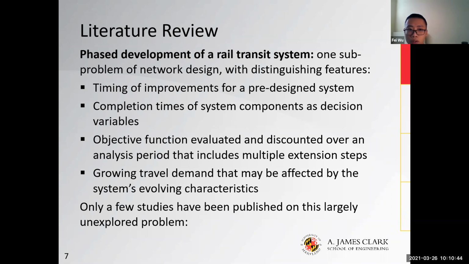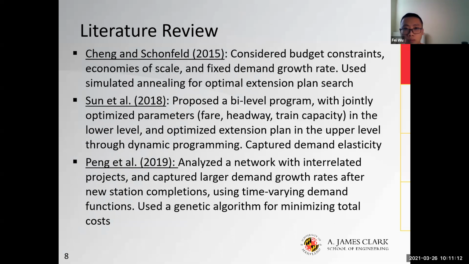We need to consider the growing travel demand that may be affected by the evolving characteristics of the system. We also consider an objective function, which is evaluated and discounted over an analysis period. Right now, we found only a few studies published for this problem. They are listed like these.